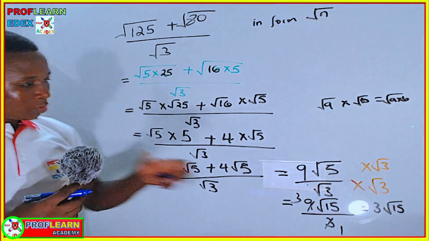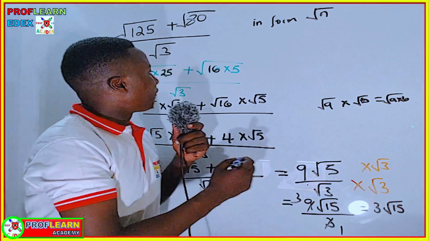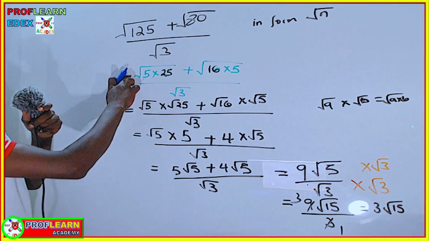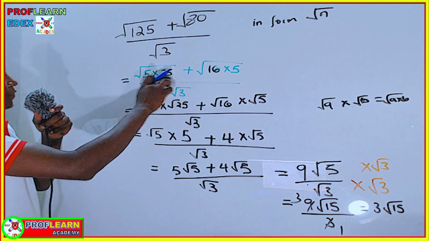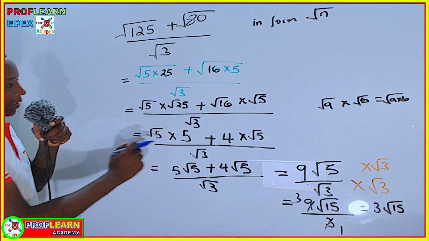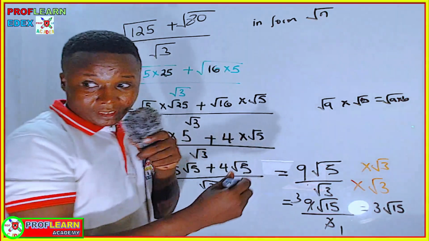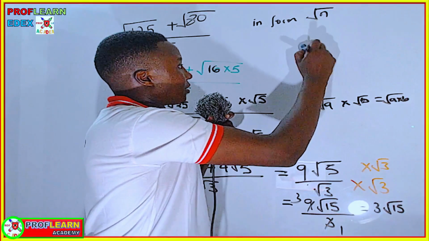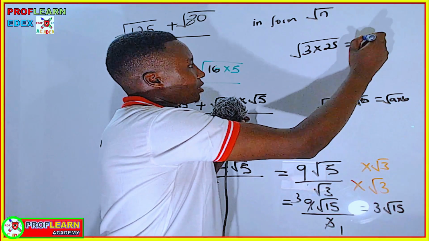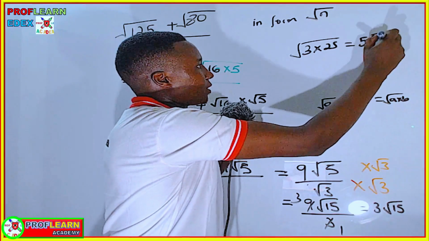If you want to take this 3 inside, remember, if we had root 25, to take it out we find the square root of 25 and take 5 out. Let me illustrate that. If you have root of 25 times 3, this is 5 root 3.